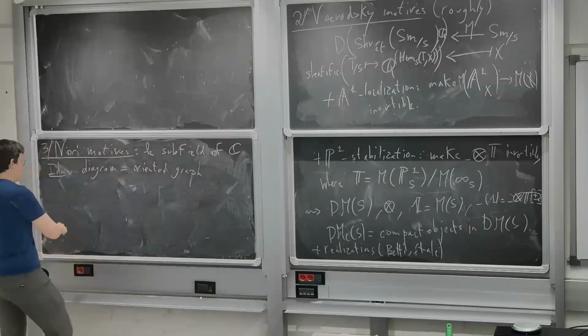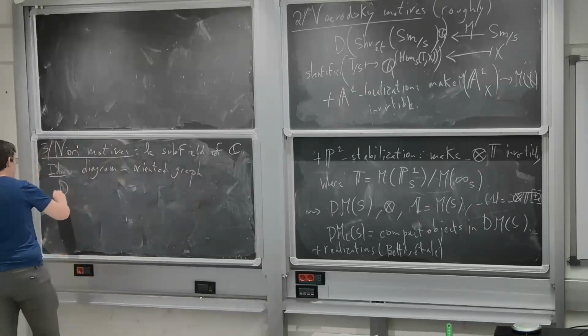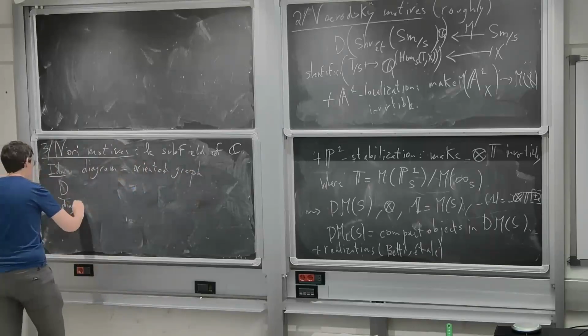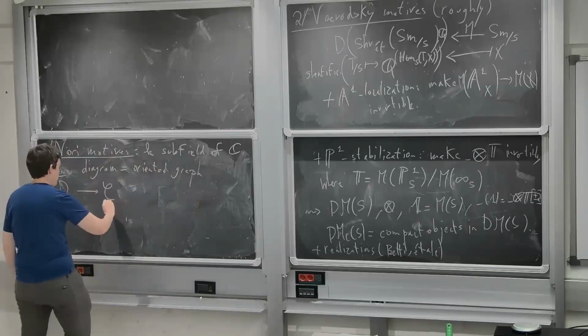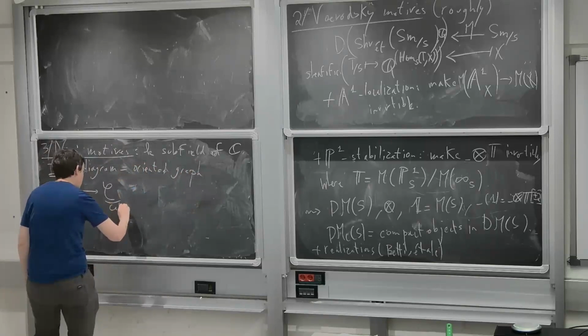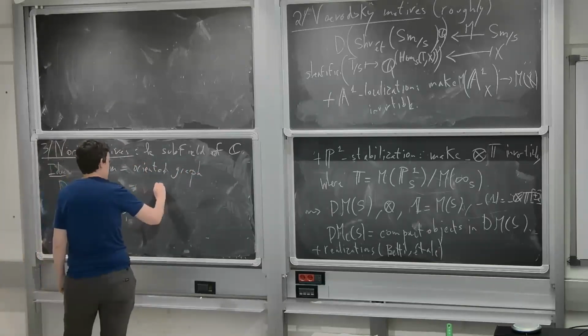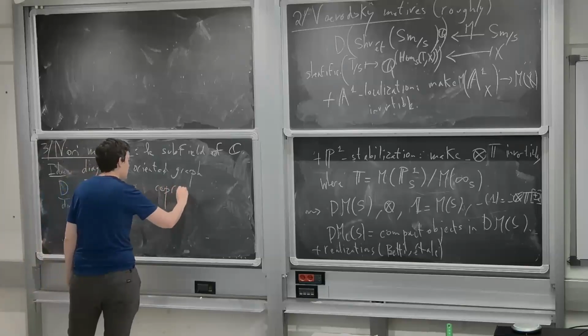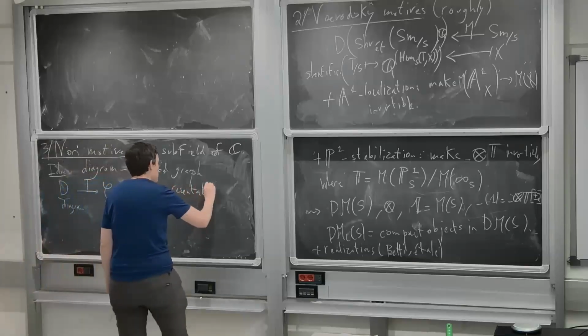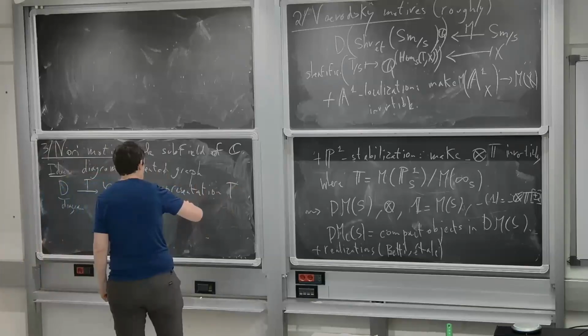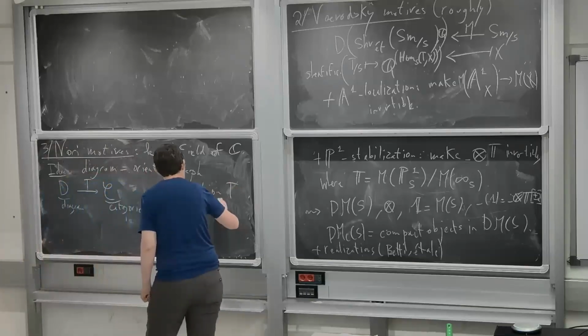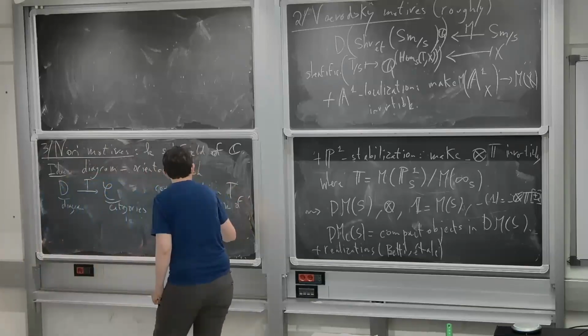If D is a diagram and C is a category, a representation is a morphism of oriented graphs, a morphism of diagrams.